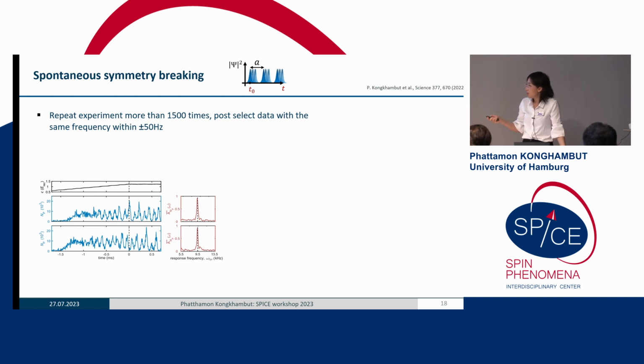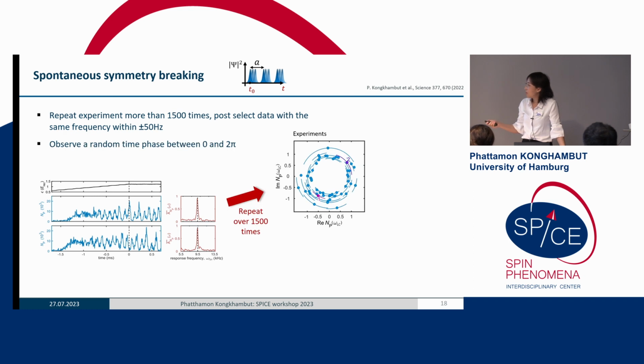So what we do is the same measurement, repeated over 1,500 times. Okay, that's a lot. Even though it has the same frequency in the FFT, you can see that the time phase could be really different, by pi for example. And then we map out the distribution of this time phase over the data points. And you see that it distributes over all angles. This angle means the time phase.